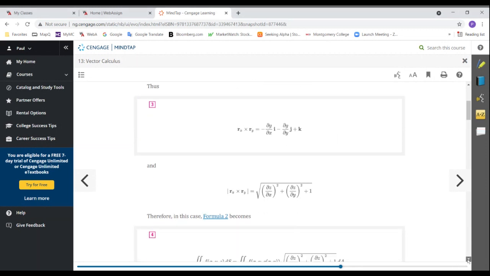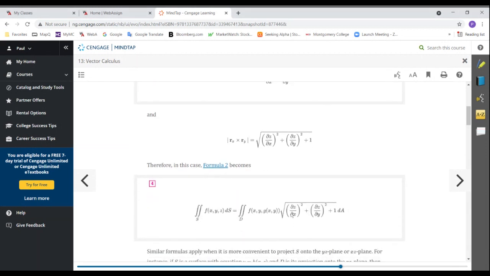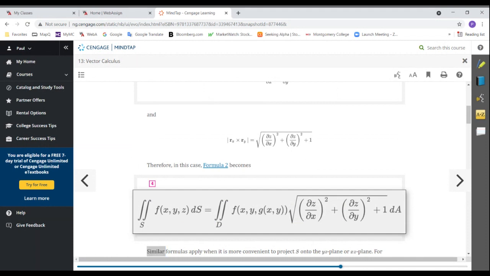And so the surface integral formula could be expressed like this formula. But this only works if z is a function of x and y.